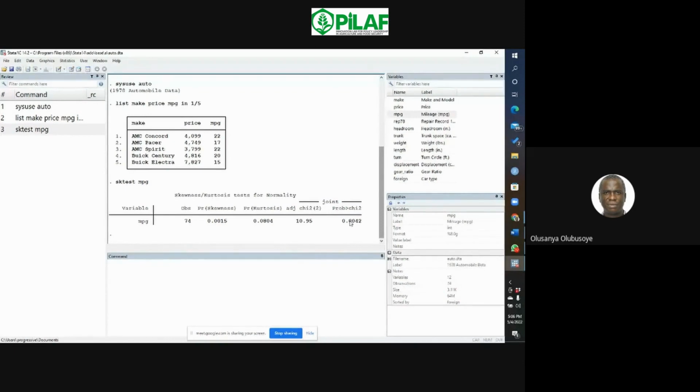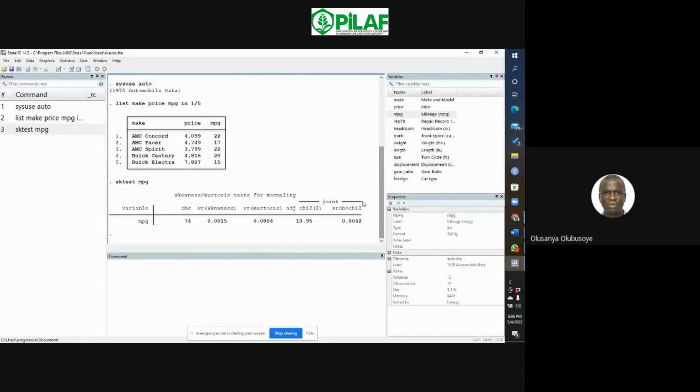Because this p-value is less than the alpha level of 0.05, we are going to reject our null hypothesis. Sorry for that. Which means that this distribution is not normal.